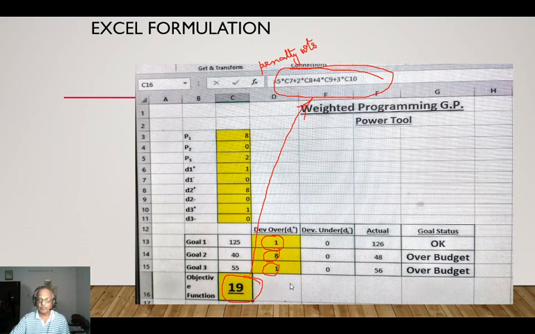And for goal 3 you have achieved 56, which is more than 55. That means you have exceeded the budget by 1 million.